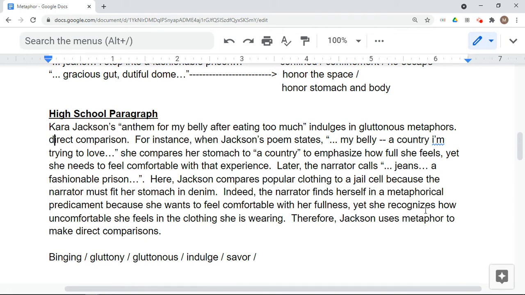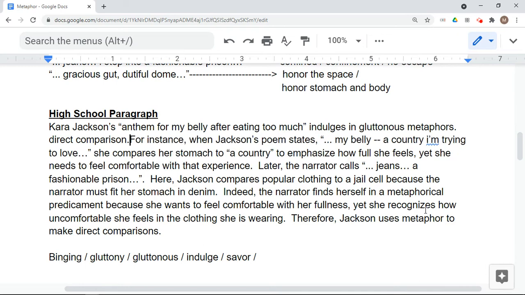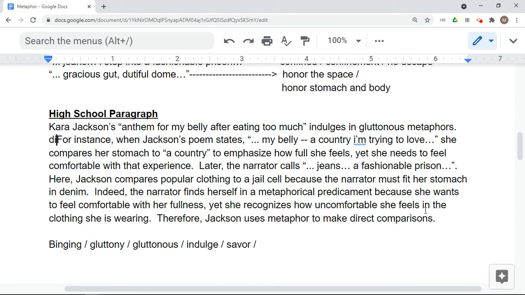And I think we can take out the direct comparison because we kind of go into it in what she compares. So I'm going to leave that alone. At this point, if you're at the high school, college level, we know what a metaphor is, but it's good to use the term compares because then a reader that doesn't, they've got it in the next sentence.